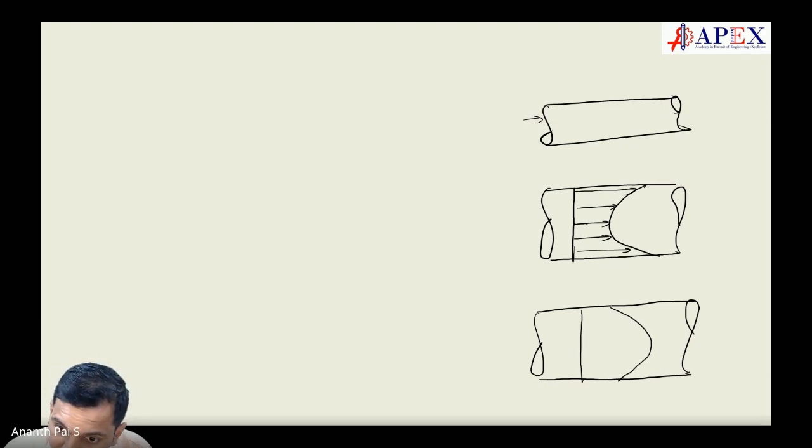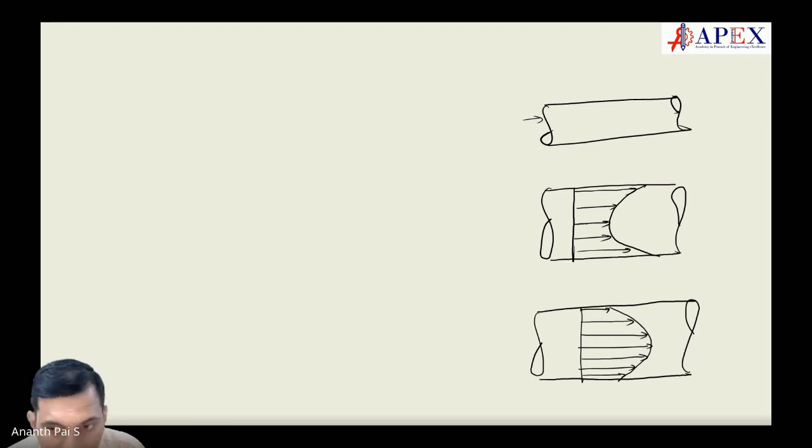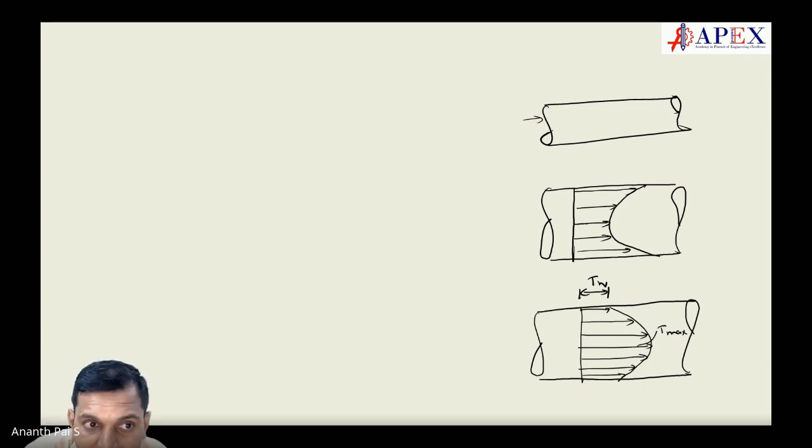Understand? Velocity is only zero at the wall, temperature is not zero. So you may have a T max, and this is T wall, very important to write. This is T wall, and this is T max. These are all actual cases. Actual case 1, this is actual case 2.